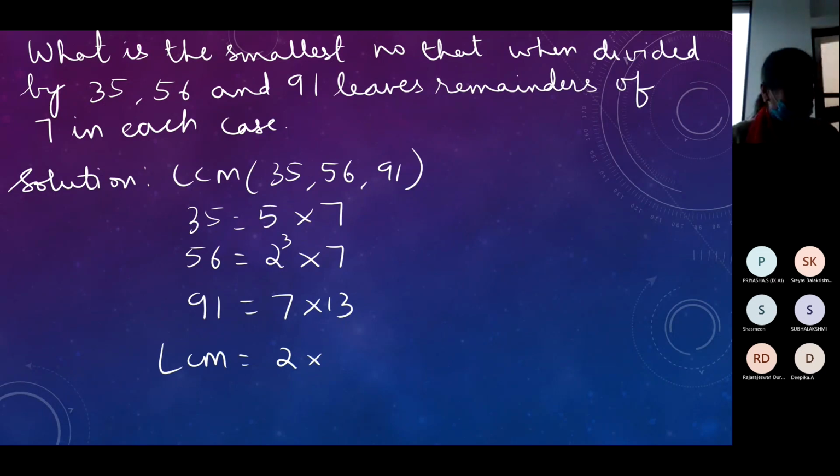Yeah, correct. 2 cubed into 5 into 7 into 13, correct? Ram? What's the answer? Correct.